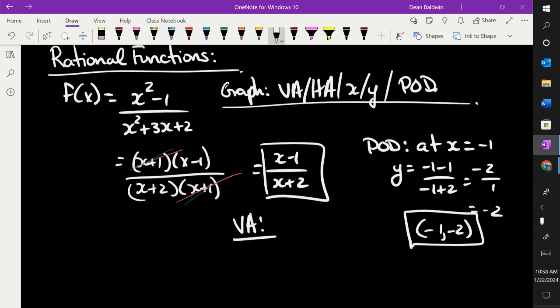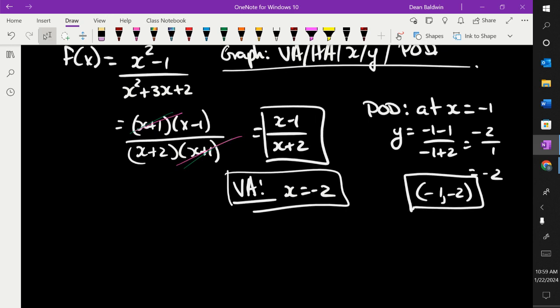But we know -1 is not, because it cancels and it's a POD. So cancel and find your PODs first and then do the verticals. The verticals are what's left over and make it 0. In this case, that is -2. All right, we got our vertical, we got our POD.